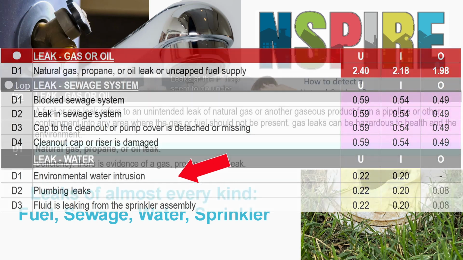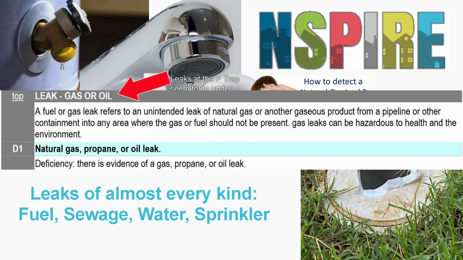So let's look at our longer deficiency definitions just to see if there's anything there that we find interesting. Leak, gas, or oil. A fuel or gas leak refers to an unintended leak of natural gas or another gaseous product from a pipeline or other containment into any area where the gas or fuel should not be present.